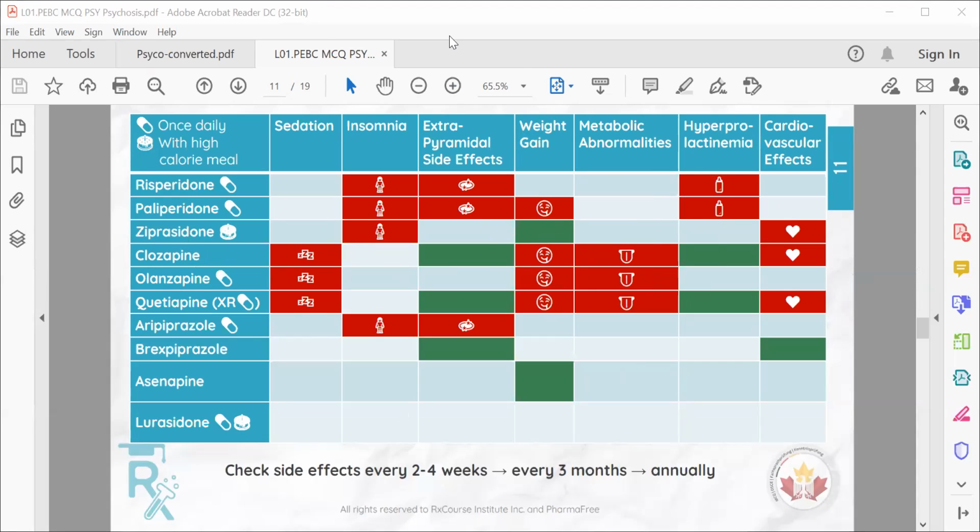Hyperprolactinemia. So risperidone and its active form paliperidone. Leah, are you there? Leah? Okay, Latifa. Oh. Yeah, okay, sorry. You are Latifa or Leah? I'm sorry. I said hi. Hello, sorry. Okay, so why are risperidone and paliperidone associated with hyperprolactinemia? Leah, are you there?